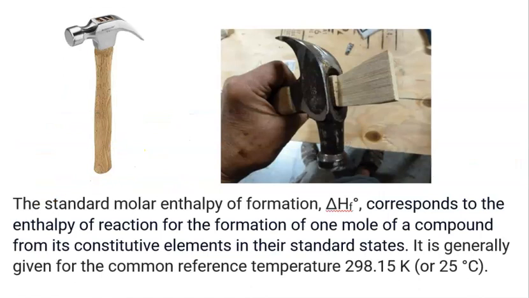Students get confused about heat of formation because they don't understand the definition and they don't understand how it's used. So I have a weird analogy like I usually teach in. The pictures given are of a hammer.